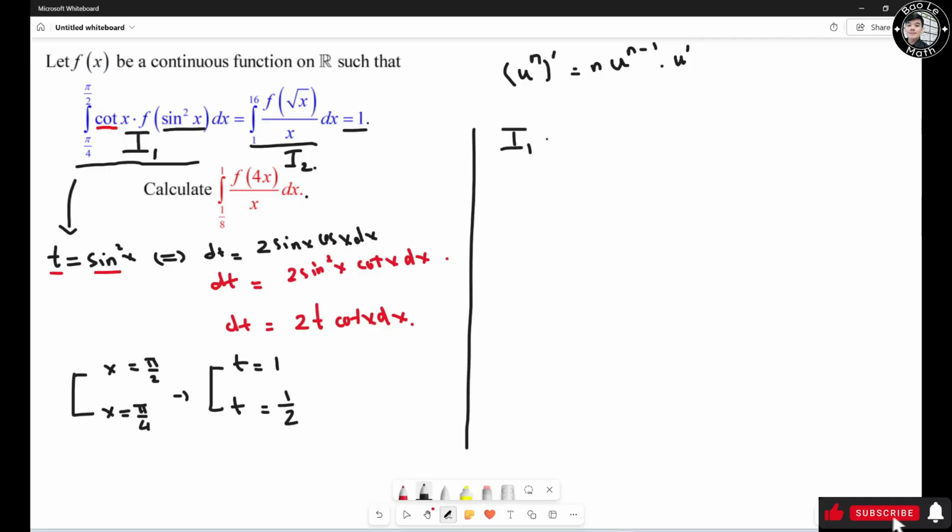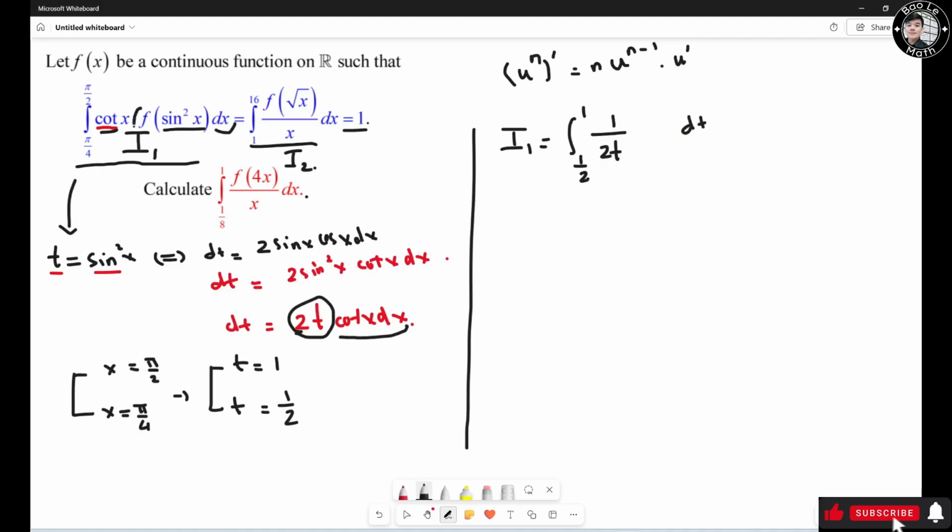I1 becomes the integral from 1/2 to 1, and I replace cotangent s ds with dt divided by 2t. So it could be 1/(2t) dt.